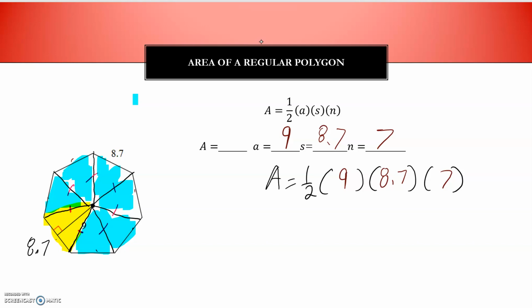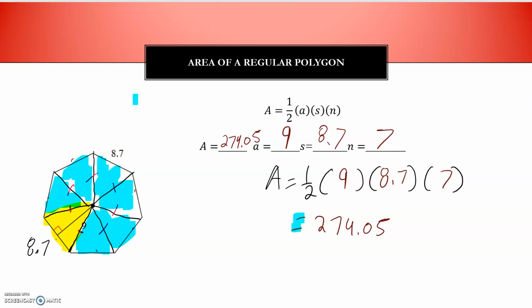Okay? As far as doing this, many times you will want to do that on your calculator. So 1/2 times 9 times 8.7 times 7. And I would get, for the area here, 274.05.